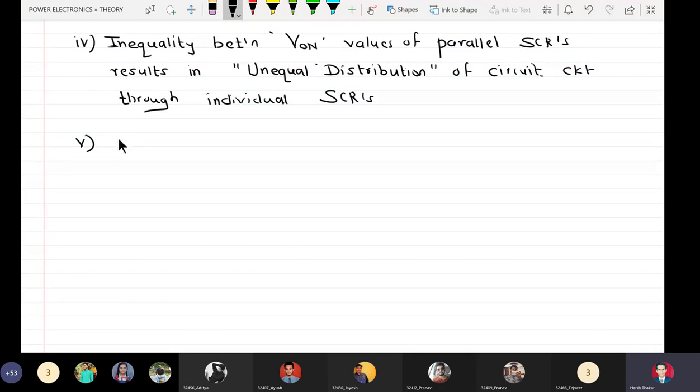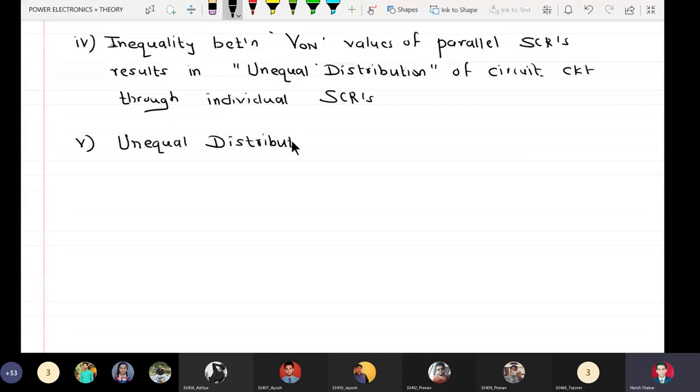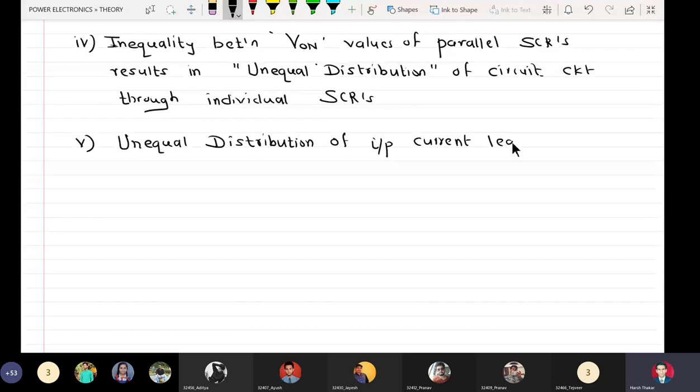Okay. So unequal distribution of the input current leads to thermal runaway of the SCRs.